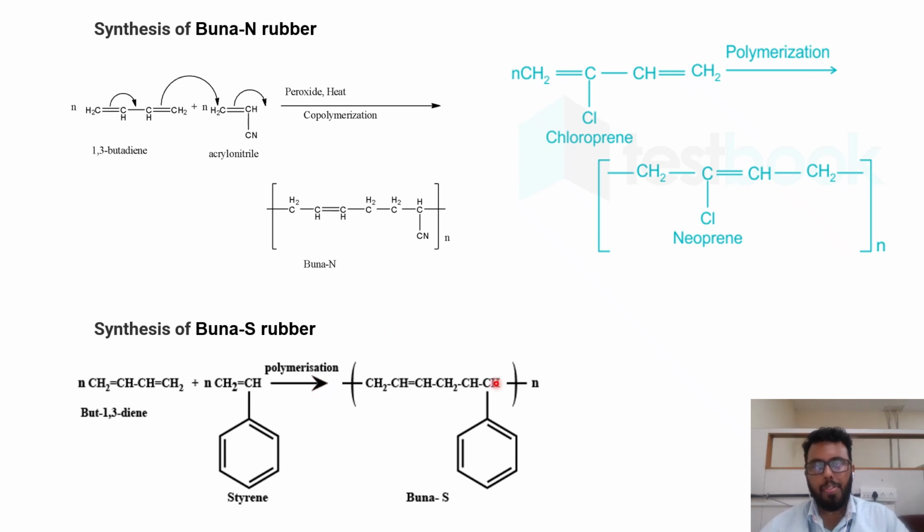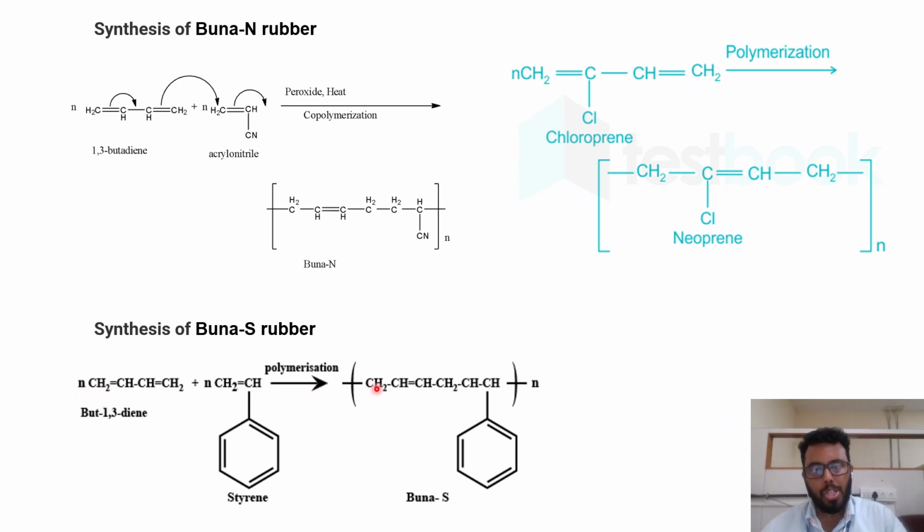And then we will see Buna S, and then we will go to neoprene. Similarly, we are taking the same 1,3-butadiene, but instead of this cyanide group, you are having an aromatic ring, that is styrene. We already know, we have seen the polystyrene synthesis also, and PET also. Now, when we do this polymerization process again, the conjugate double bond will be converted to single bond.